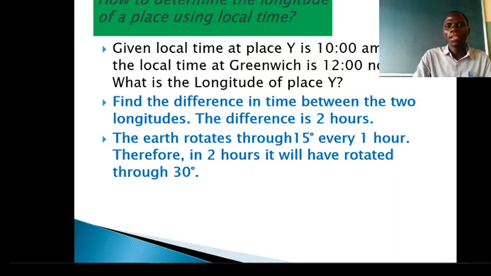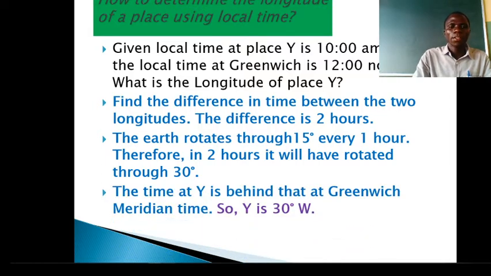The Earth rotates through 15 degrees every hour. Therefore, in 2 hours, it will rotate 30 degrees. The time at longitude 1 is behind that at Greenwich meridian.